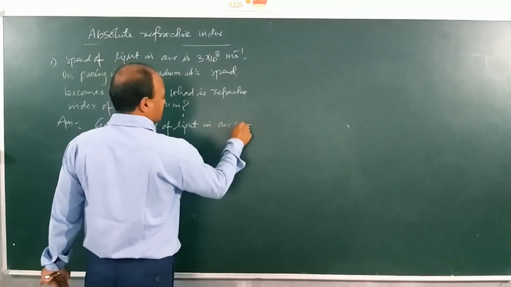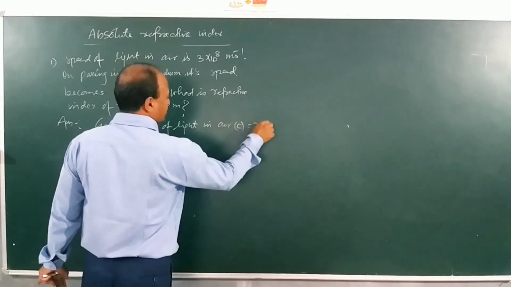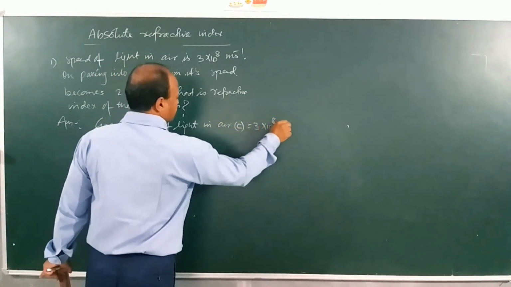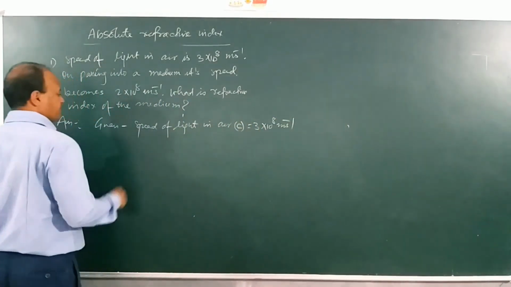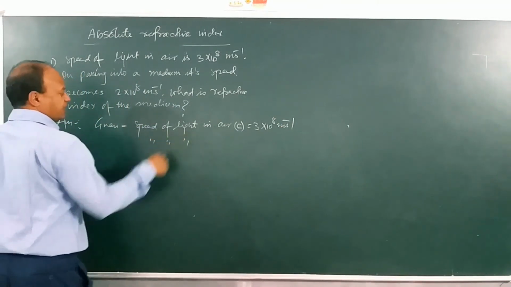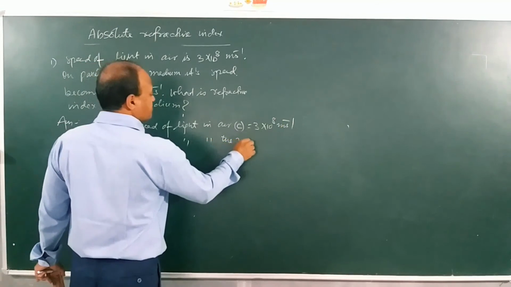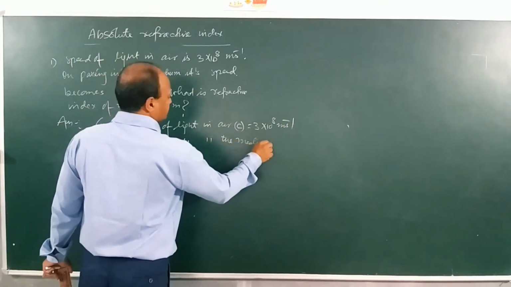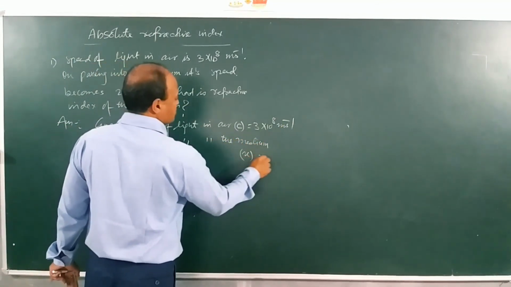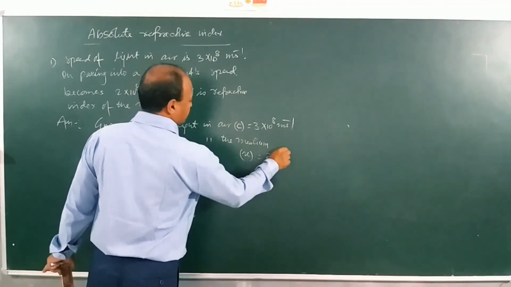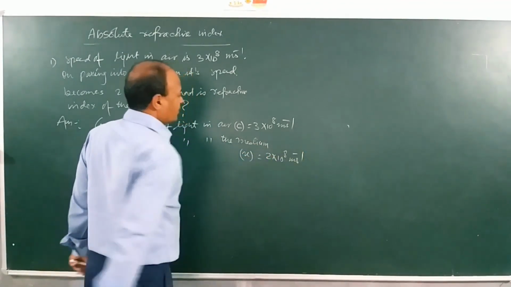C. C is equal to 3 into 10 power 8 meter per second. Then we have speed of light in the medium, V equals 2 into 10 power 8 meter per second.